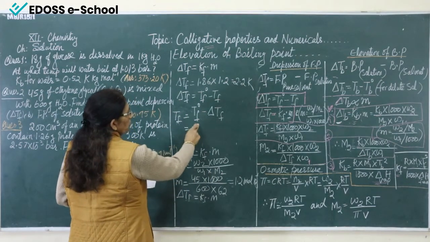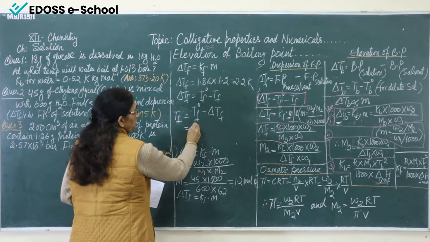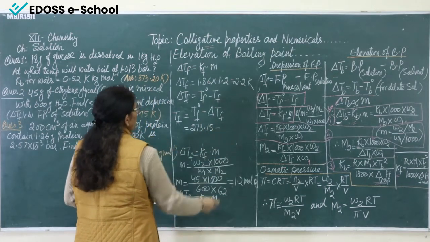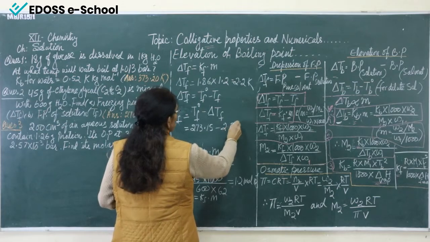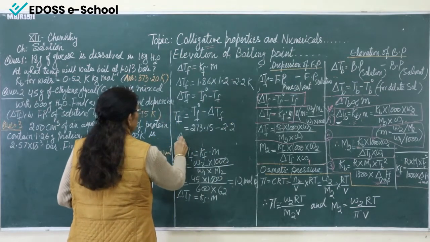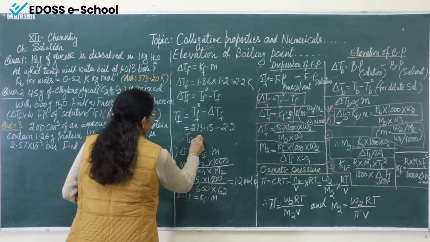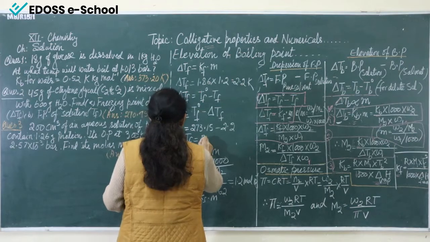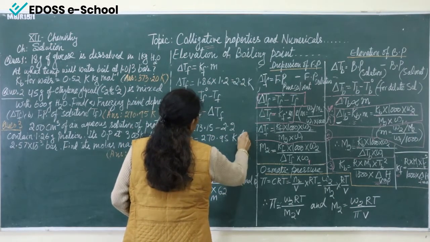T naught f is 0 degree plus 273.15, so this will be 273.15, and delta Tf we have already calculated, this is 2.2. So Tf will be equal to 270.95 Kelvin. This is our answer.